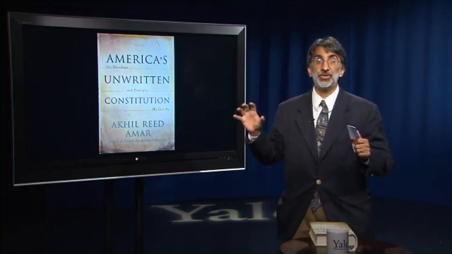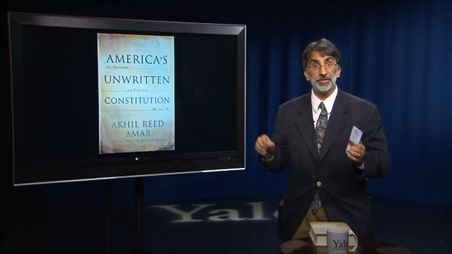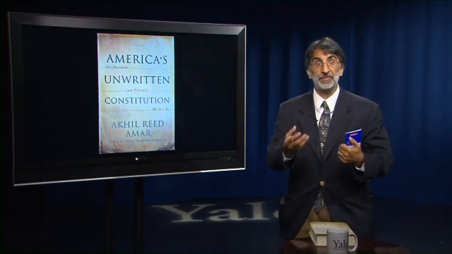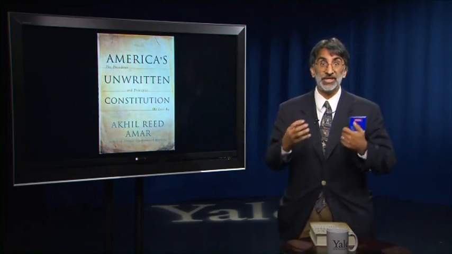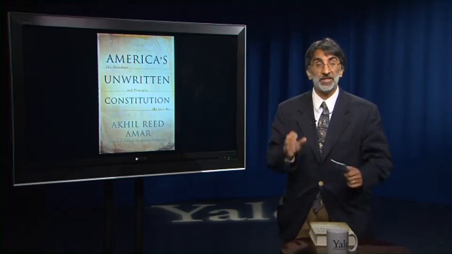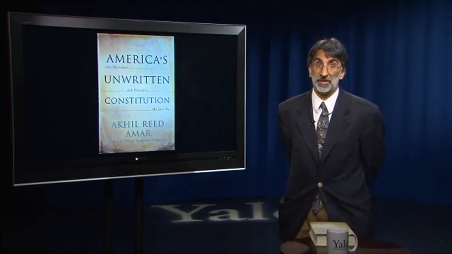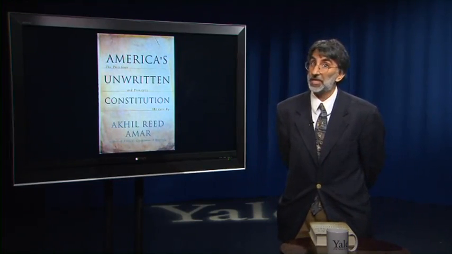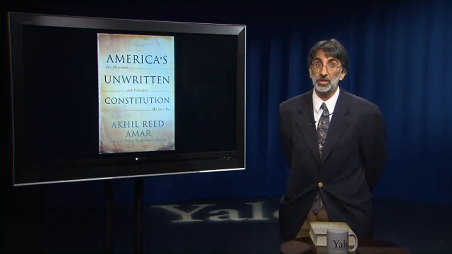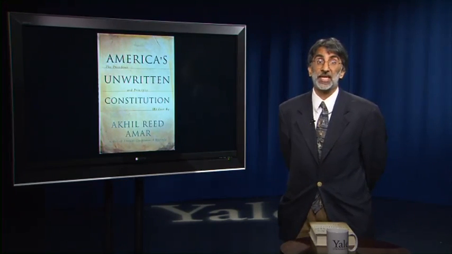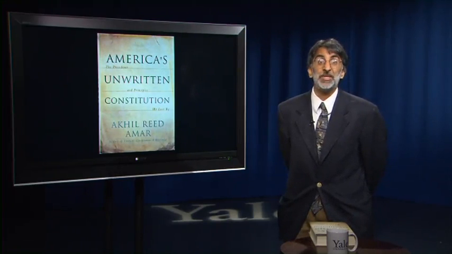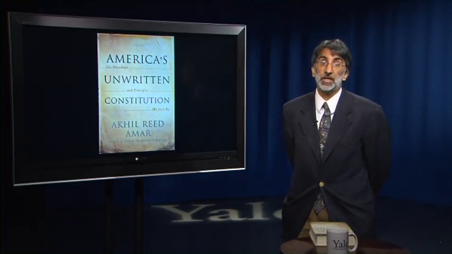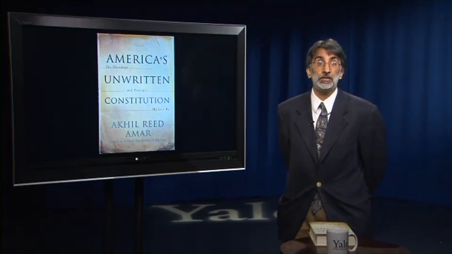Articles 1, 2, and 3, separate articles vesting separate powers, legislative, executive, and judicial, respectively, in separate branches. But you won't see that phrase, separation of powers. You will see it in some state constitutions, but it's not in the U.S. Constitution, nor is the phrase checks and balances, or the phrase limited government, the rule of law, federalism.